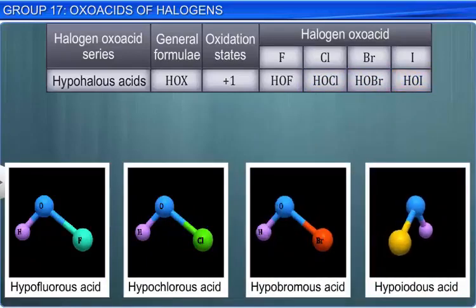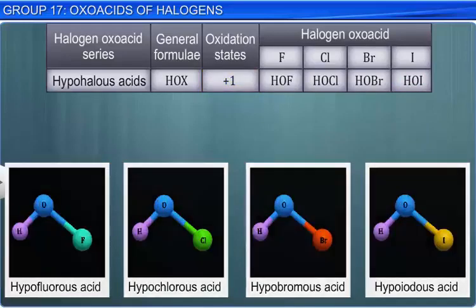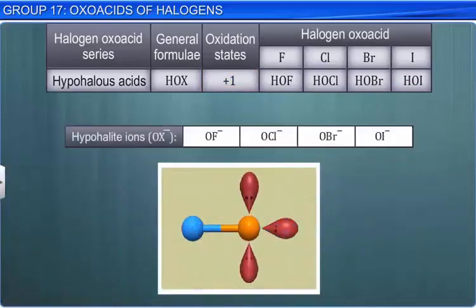The halogen has the oxidation state of +1 in hypohalous acids. The respective hypohalite ions have a linear shape owing to the presence of 3 lone pairs of electrons on the central halogen atom, as shown here.